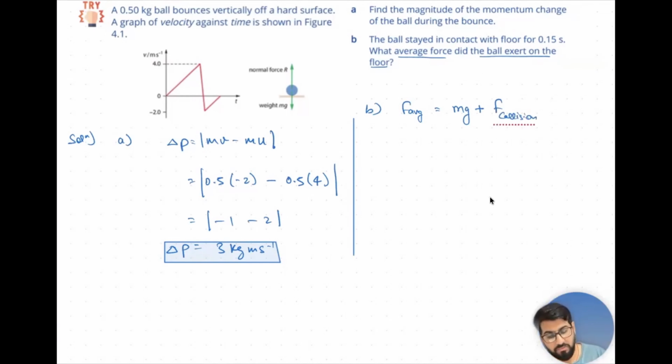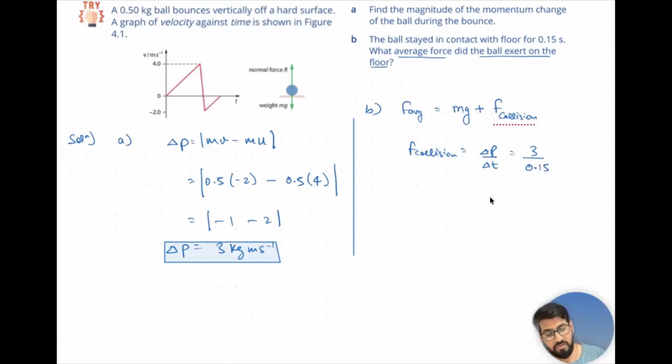Now, for mg we already know mass is 0.5 into g. For the force of collision we need to use the change in momentum over time, Newton's second law in terms of momentum. Change in momentum we already found is 3. Time of contact is given 0.15.